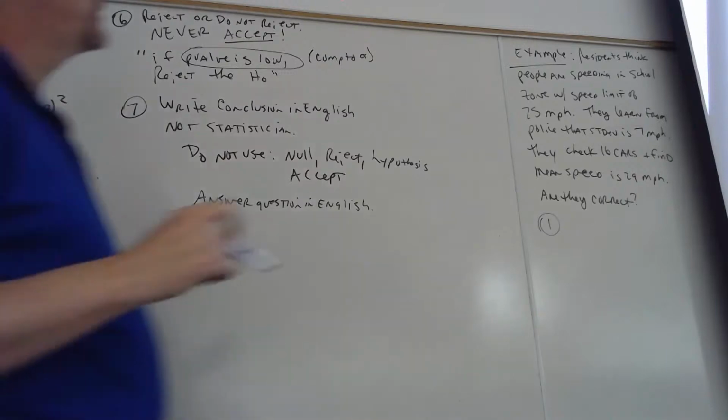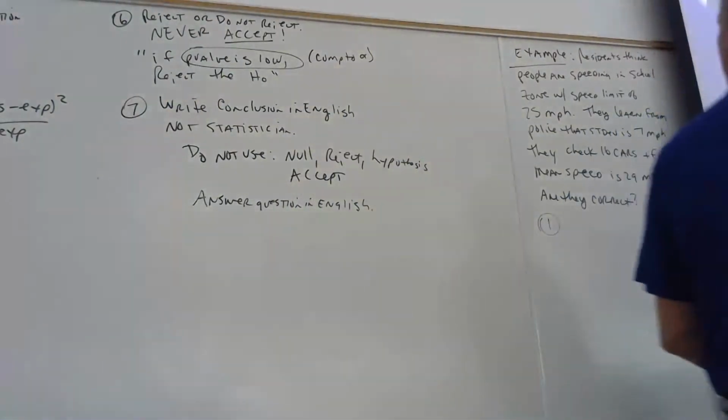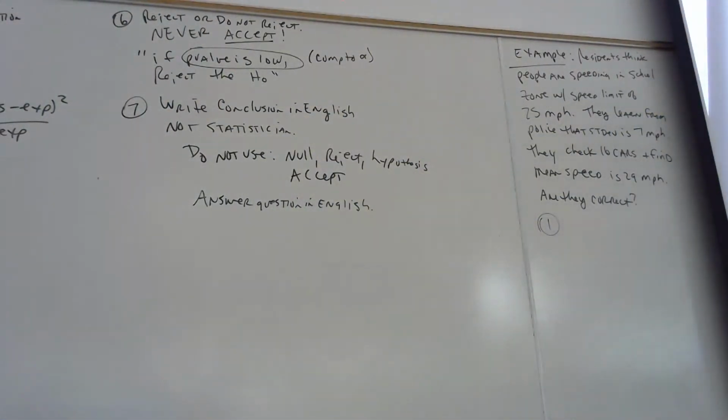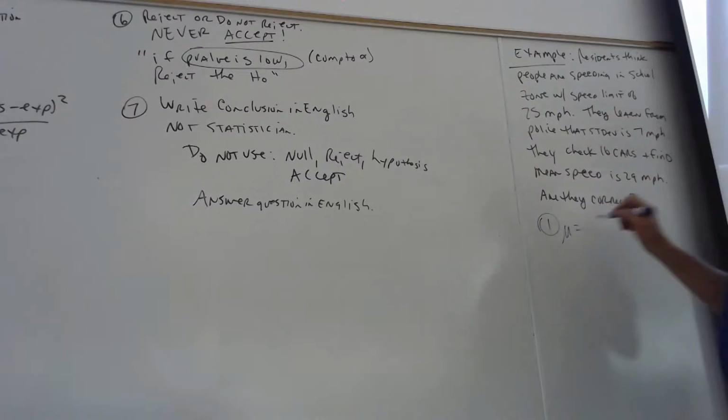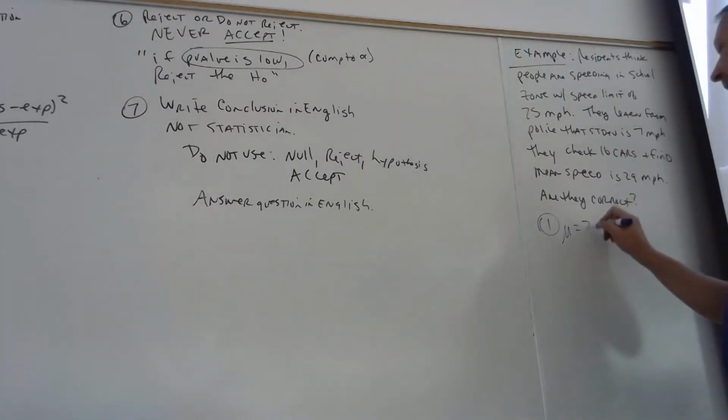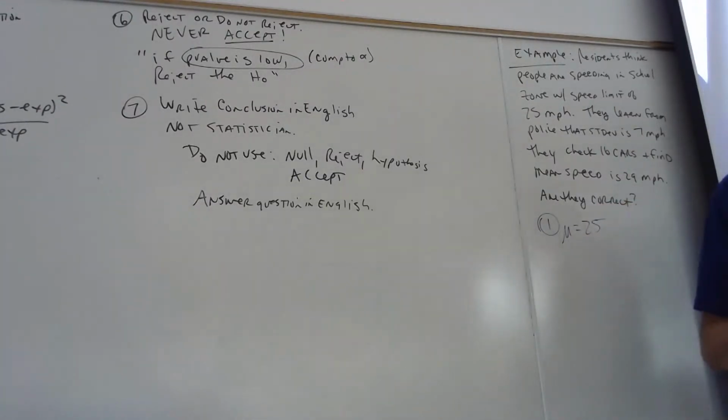Let's just go through it. Residents think people are speeding in a school zone with a speed limit of 25 miles per hour. That sounds important. That's mu population. So if mu is 25, that's what people are supposed to be doing. And residents think people are going faster than that.